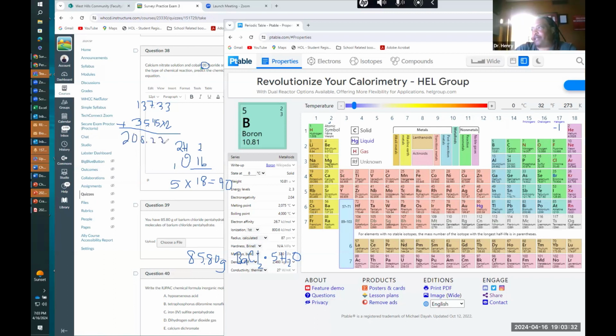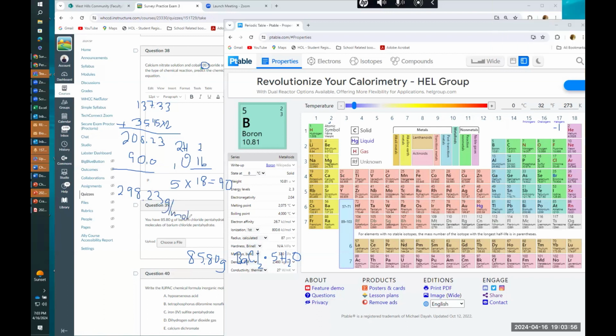And then if we add that 90 that we got for the waters, we have 298.23. And that's grams per mole.